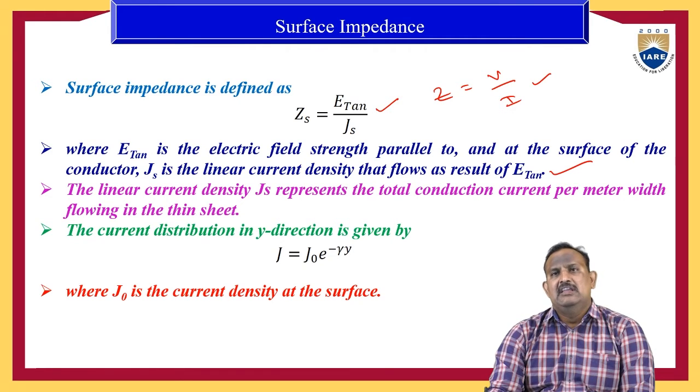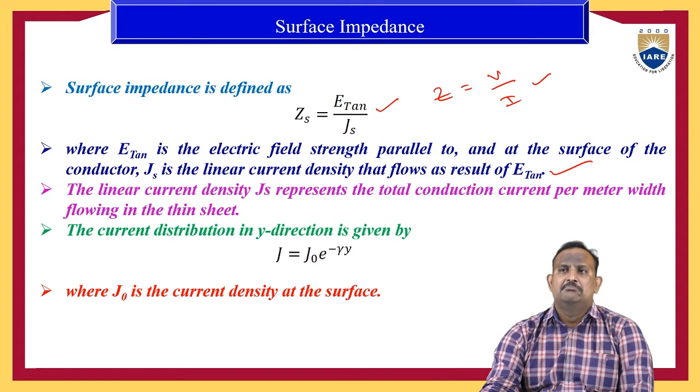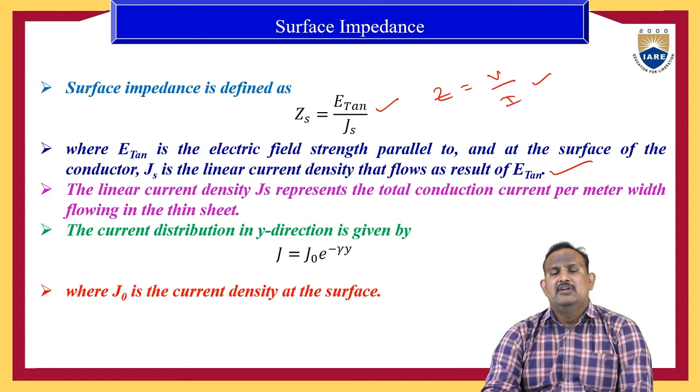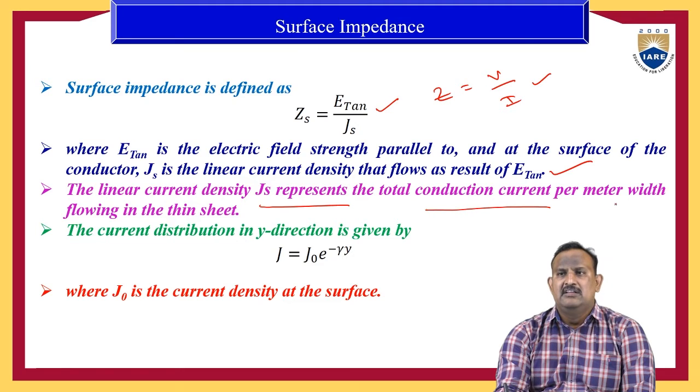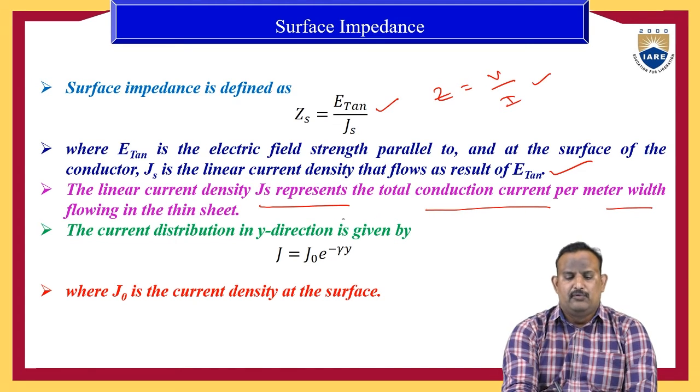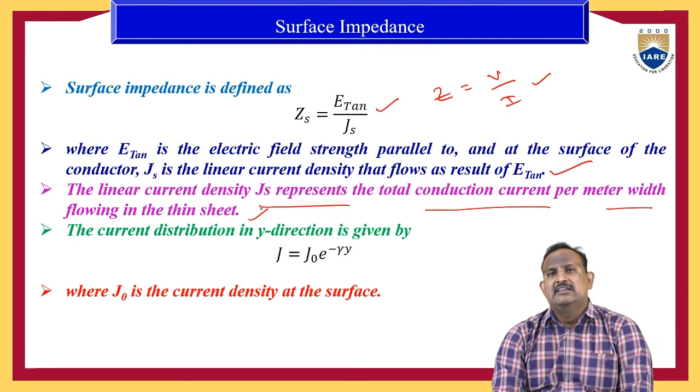The linear current density Js represents the total conduction current per meter width flowing in the thin sheet. I repeat once again, the linear current density Js represents the total conduction current per meter width flowing in the thin sheet.